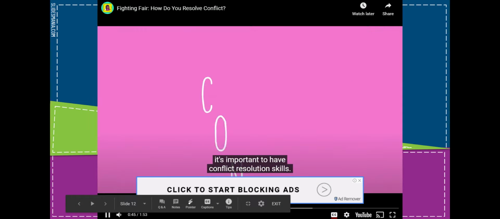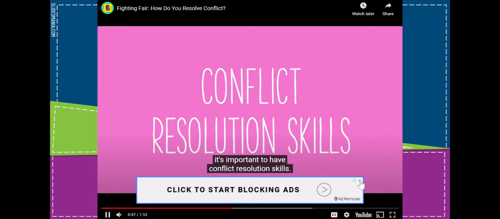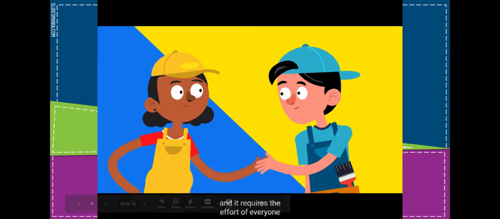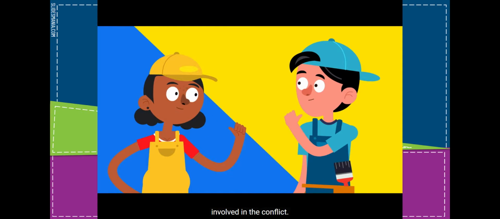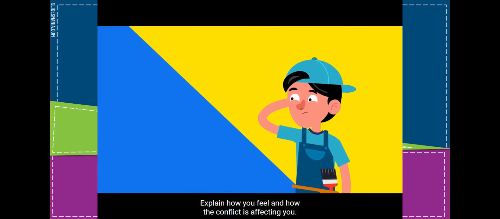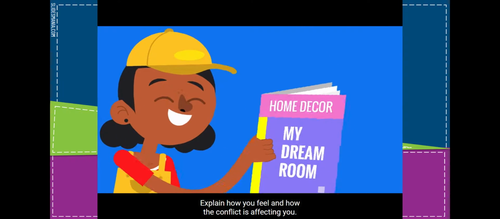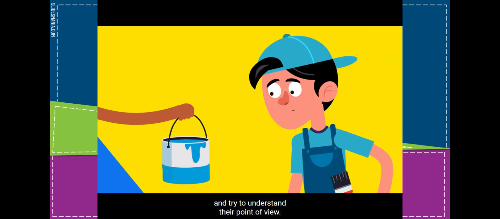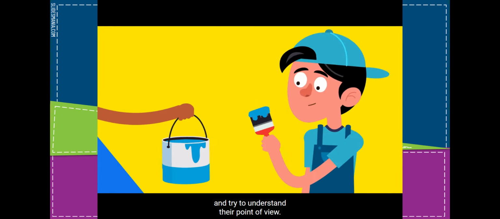It's important to have conflict resolution skills. Here's how it works. Conflict resolution is something that you need to practice, and it requires the effort of everyone involved in the conflict. Determine what the disagreement is actually about. Explain how you feel and how the conflict is affecting you. Listen openly to what the other person feels and needs, and try to understand their point of view.